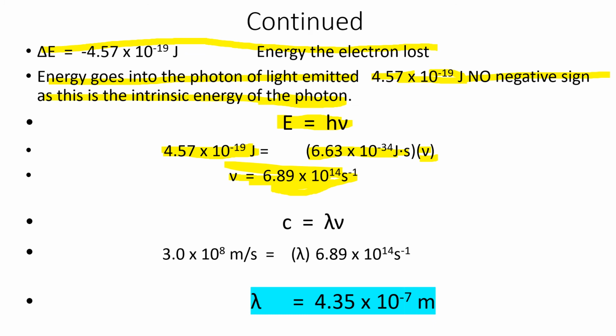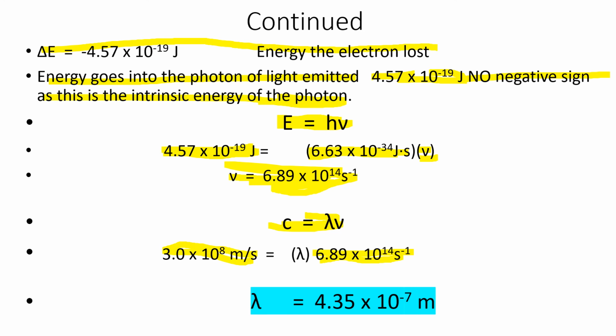Now that we have the frequency, we can work on determining what that wavelength is using c equals lambda nu. Again, this equation would be provided for you. You'd be provided with the constant, which is the speed of light. So you'd have 3 times 10 to the 8th meters per second. The frequency is what we solved in the previous step, 6.89 times 10 to the 14 inverse seconds. What do we have left?